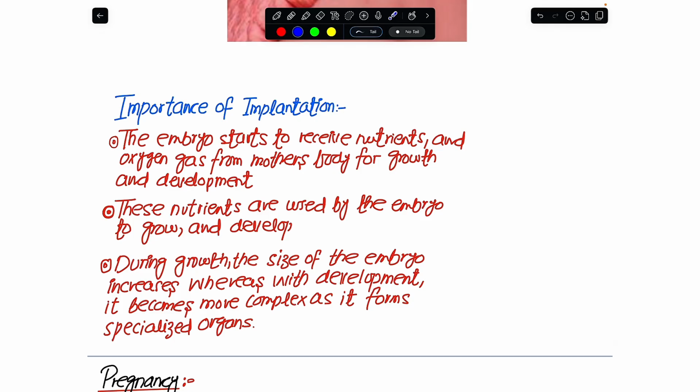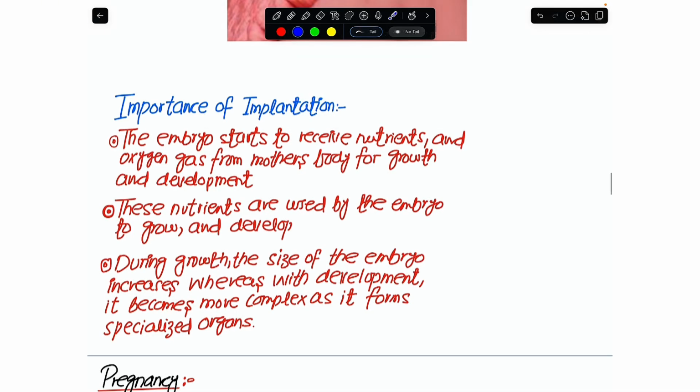When I say that the embryo has started to grow, the embryo increases its number of cells. And when I say that the embryo undergoes development, by development we simply mean that the growing embryo becomes more and more complex, and by more complex we mean that it starts to develop specialized organs like the heart, the bones, the muscles and so on.